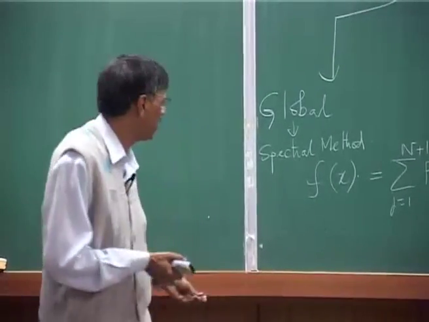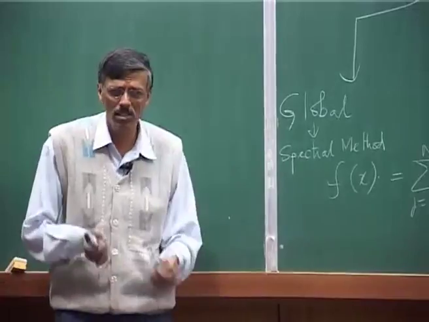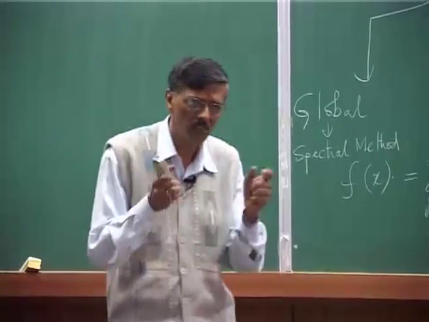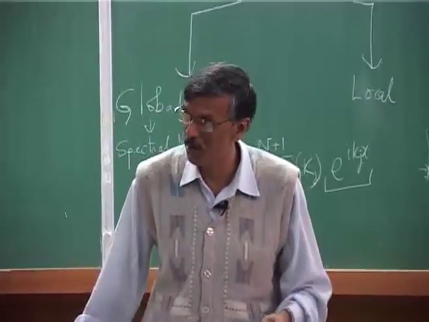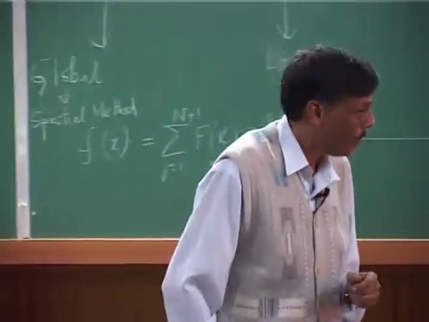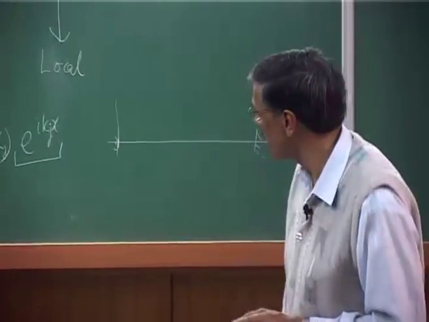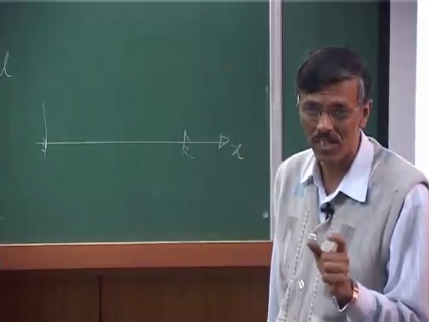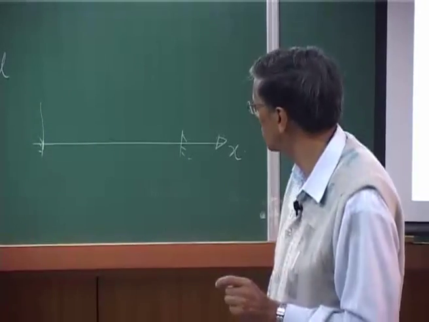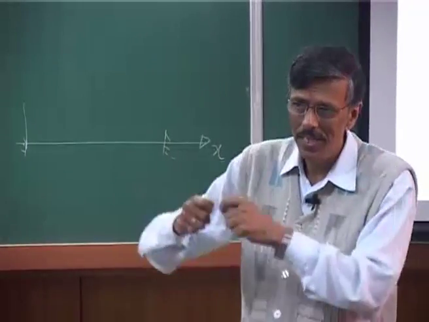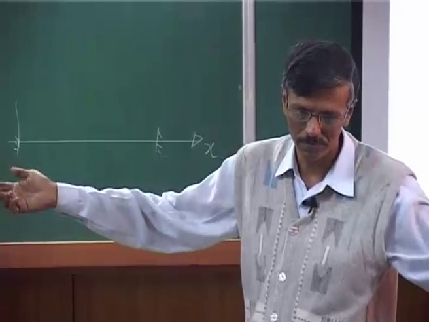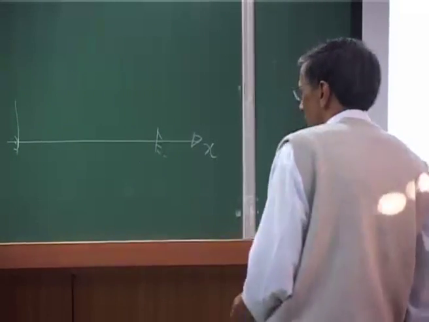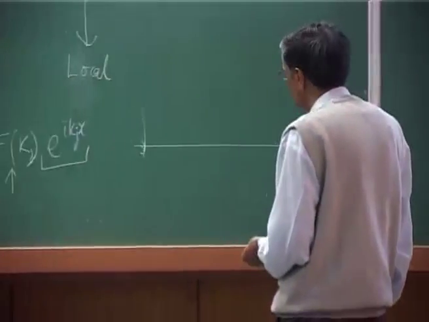So, one of the strongest points of a global method is that you can get by with far fewer points. That is good. But if you make a change in any one of these global solution components, its effect is also global. That is one of the issues.